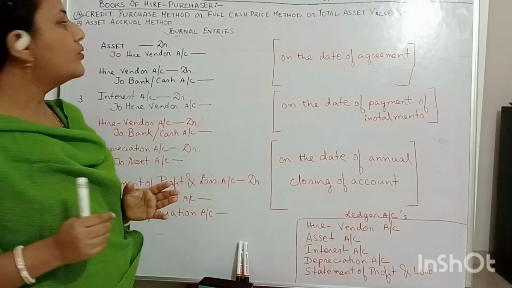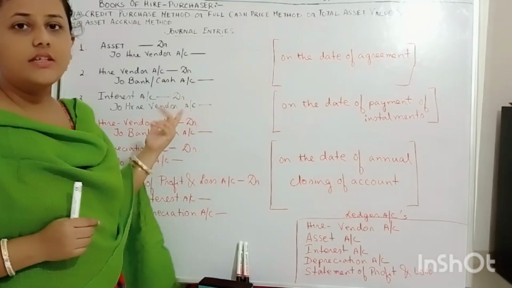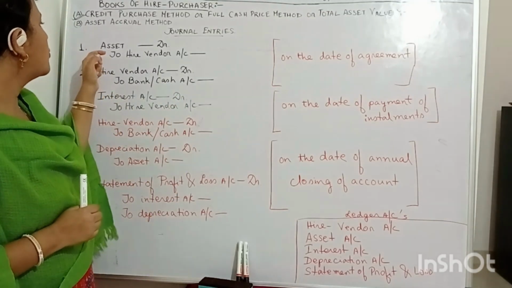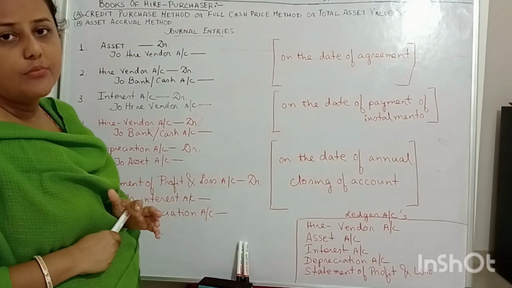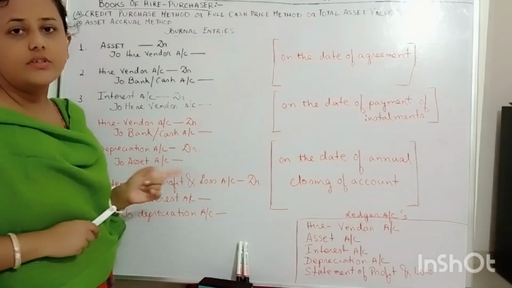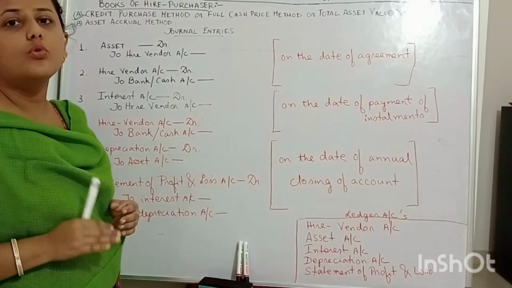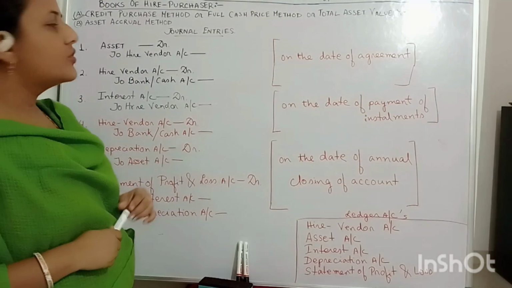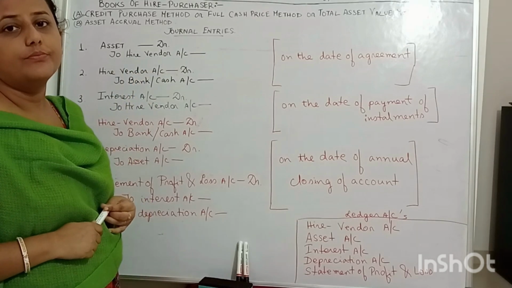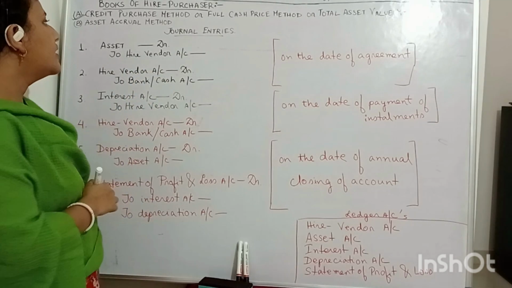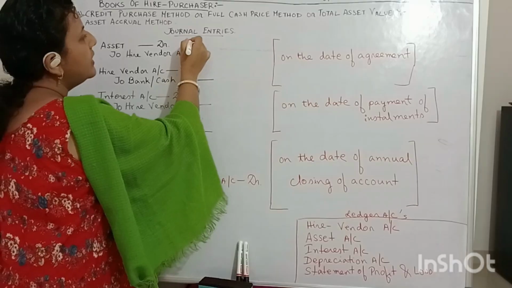We know asset, when it increases, it should be debited. So asset account is debited. And at the same time the liability of the hire purchaser goes up, so the name of the hire vendor will be mentioned.